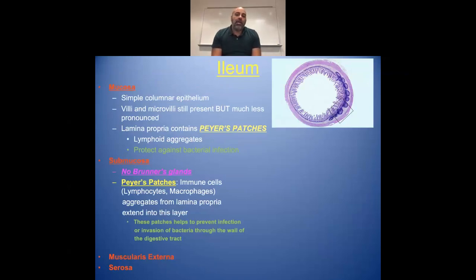Mucosa of ileum. So ileum has a unique feature here. Ileum is the last section before we go to large intestine. In the small intestine, there really isn't bacteria. Because think about it. You went through the stomach, the acid would destroy it.